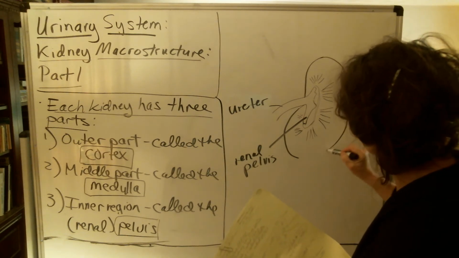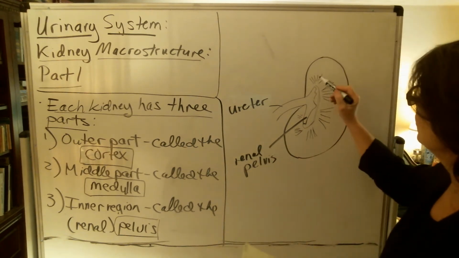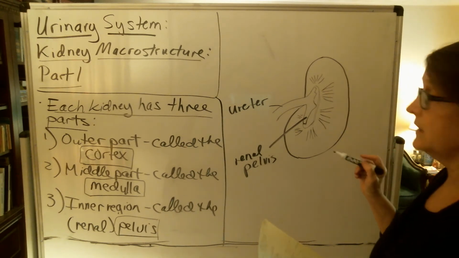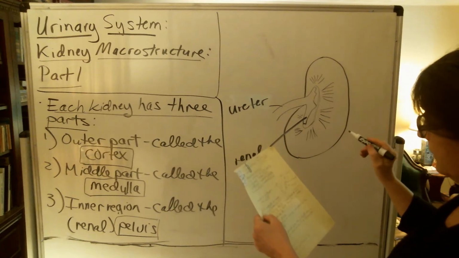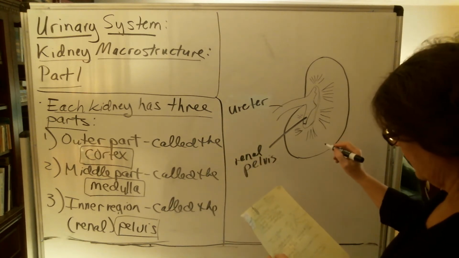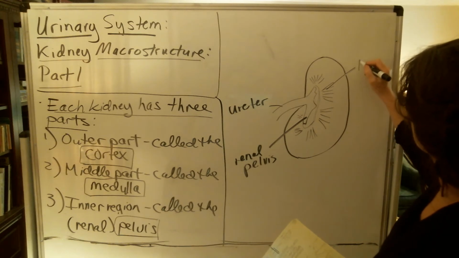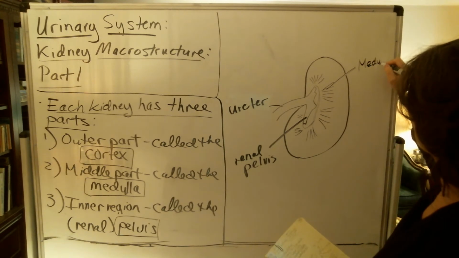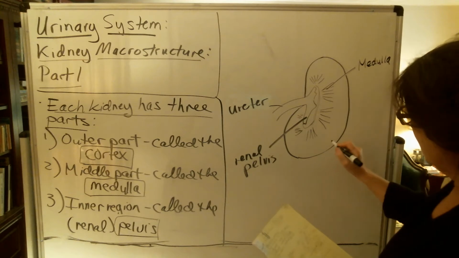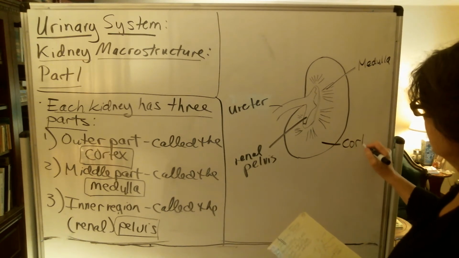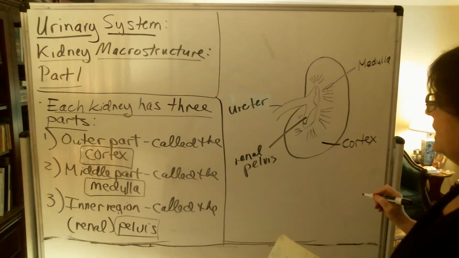My point is, where you see these sort of trapezoidal structures that are known as the renal pyramids, in fact, this area then is the medulla. And then the outer area here is the renal cortex.